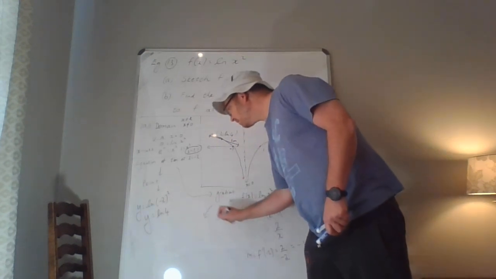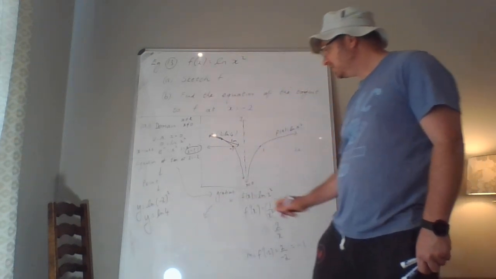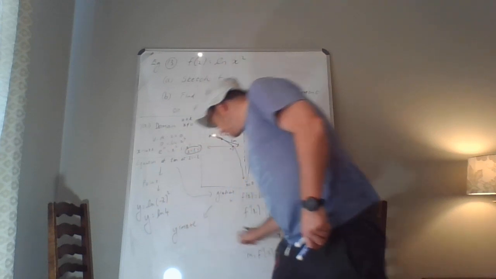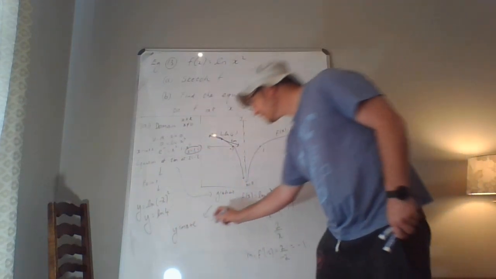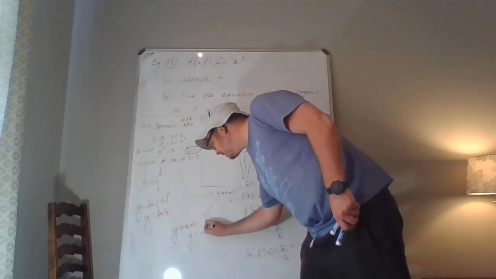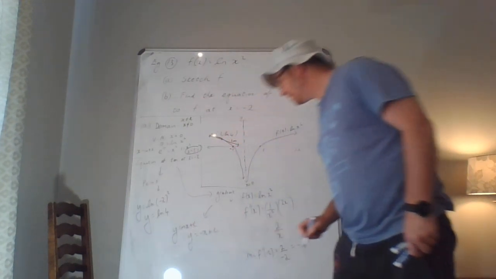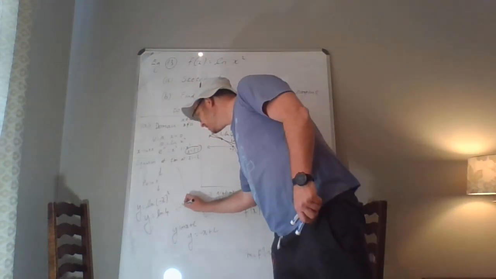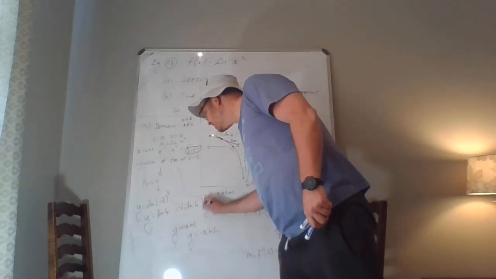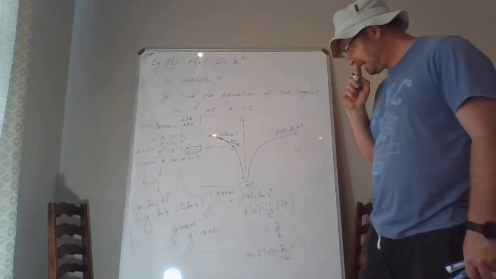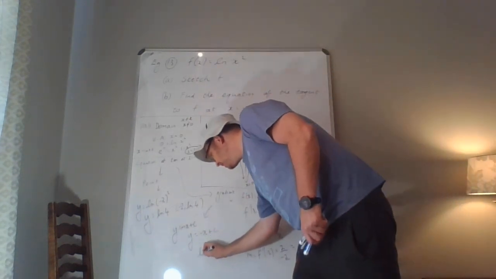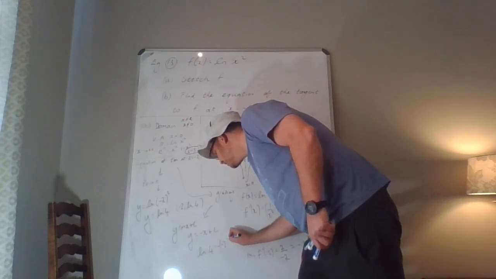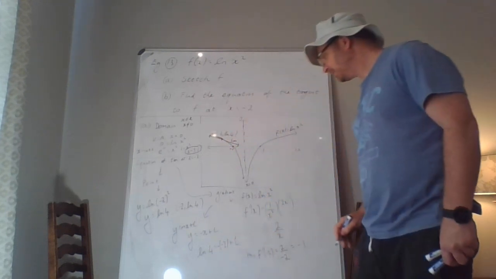And your last step is to combine the 2 bits of information. If we use y is equal to mx plus c, well, we know the gradient is -1, so y is equal to -x plus c. Okay, and now we can sub in our point. Our point is (-2, ln 4). Okay, so I end up with ln 4 is equal to 2 plus c.